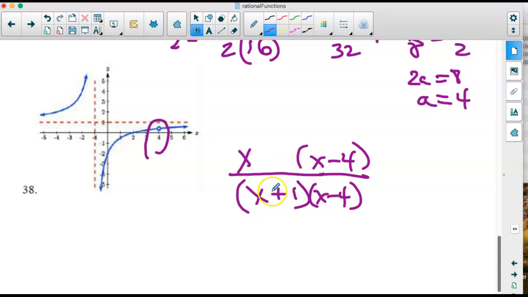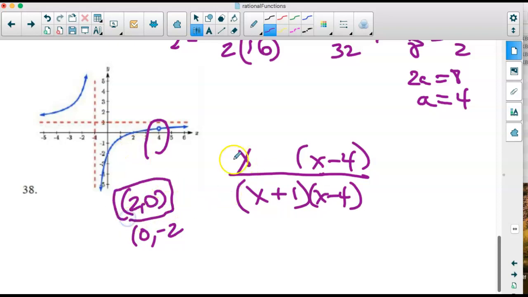Okay, so that means that, and we also have the point 2, 0 for this intercept, and 0, negative 2. So this intercept here, that means you have to have a root of x minus 2. That tells you that.